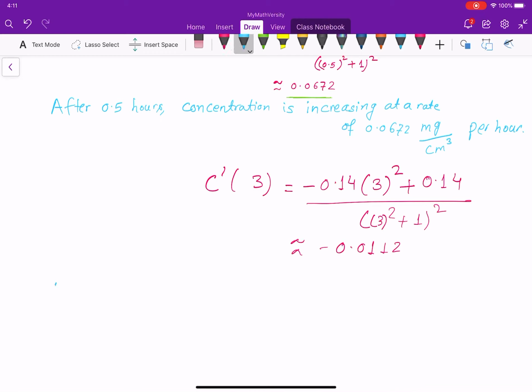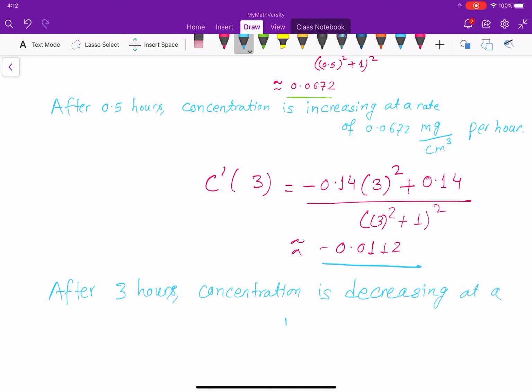And then we can use a similar interpretation here. What we can say here is after 3 hours, the concentration of the drug is actually, in this case, because C prime of 3 is negative, decreasing. But at what rate?